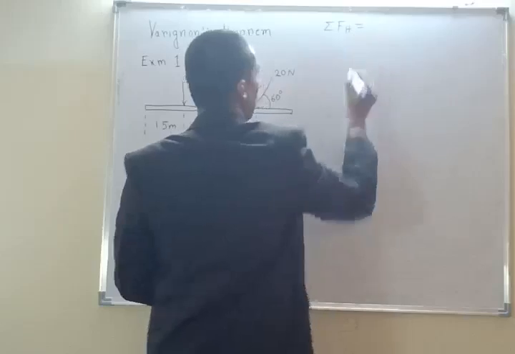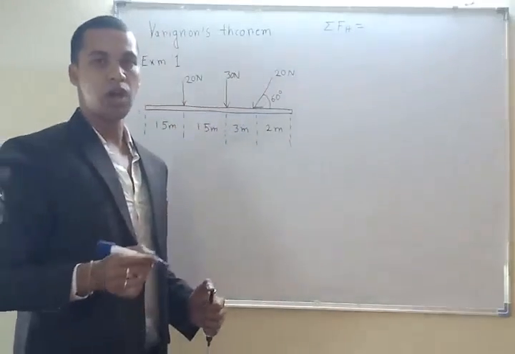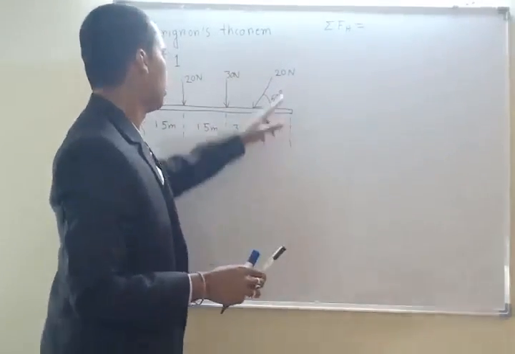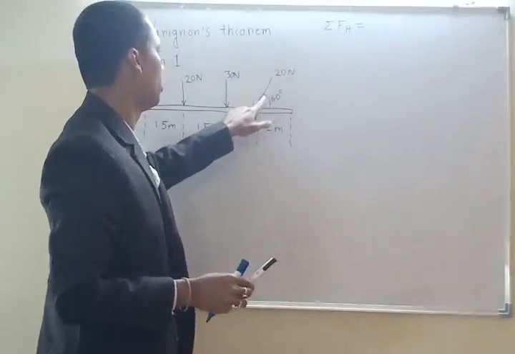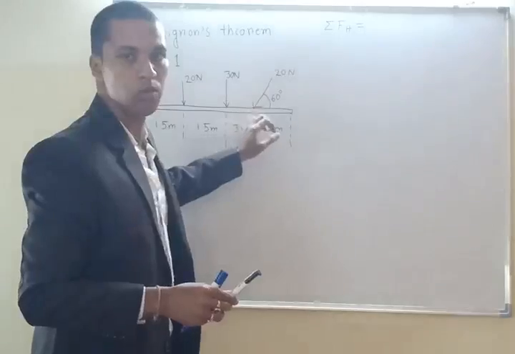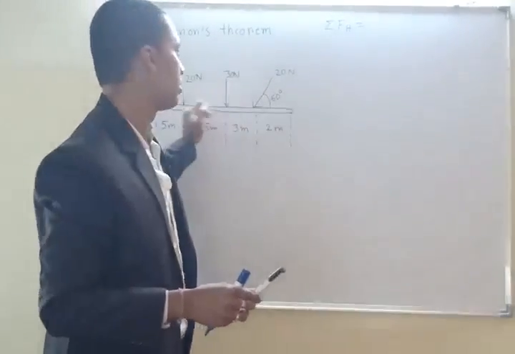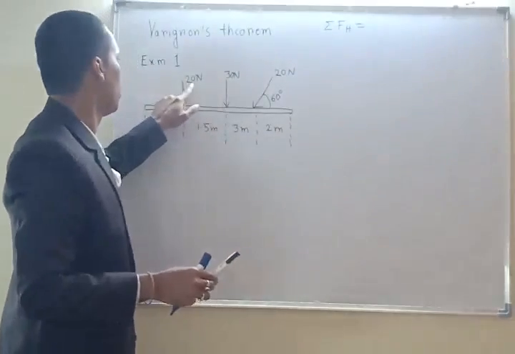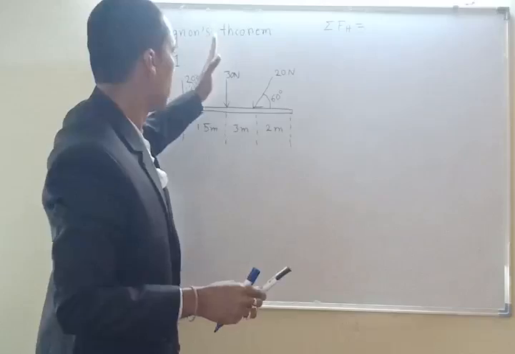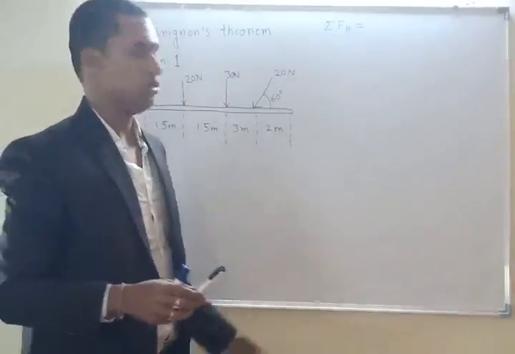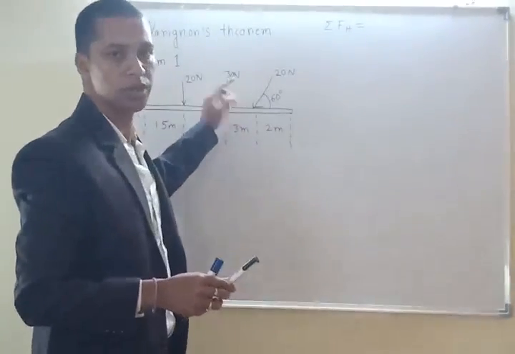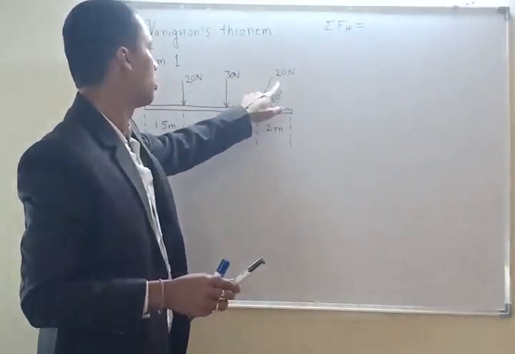Only one horizontal force is there, because only the 20 Newton force has a component in the horizontal direction, in the negative x direction. The 30 and 20 forces are at a 90 degree angle, so they will not have any component in the horizontal direction. Only this force is there.